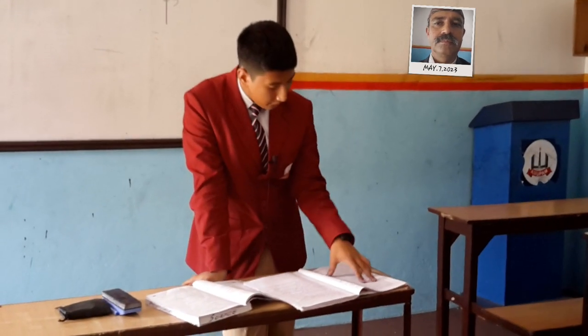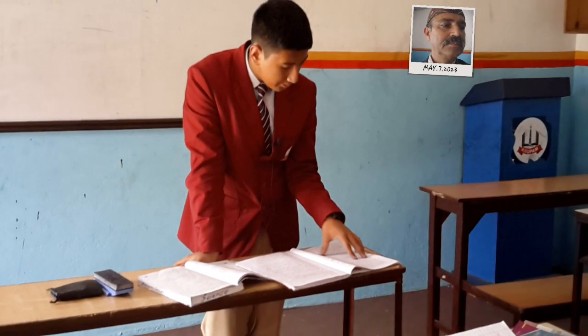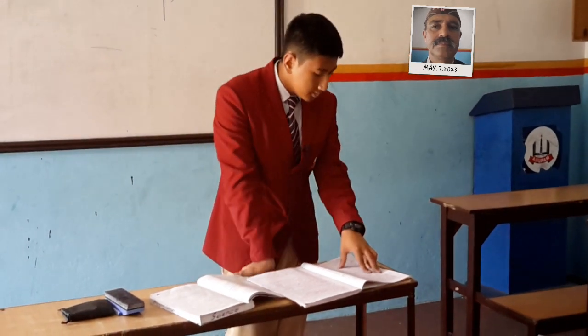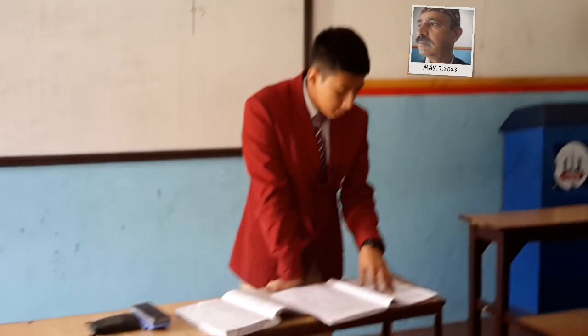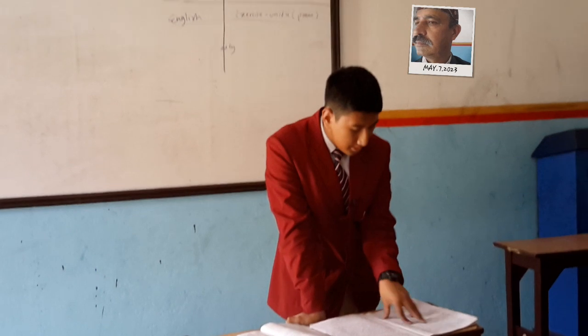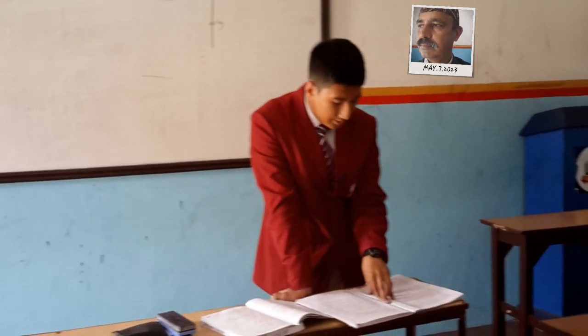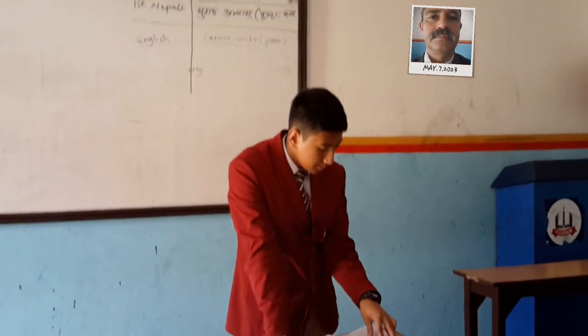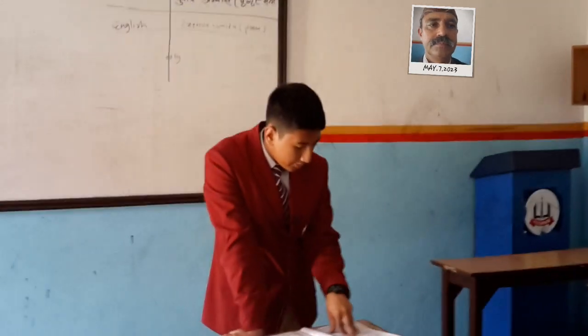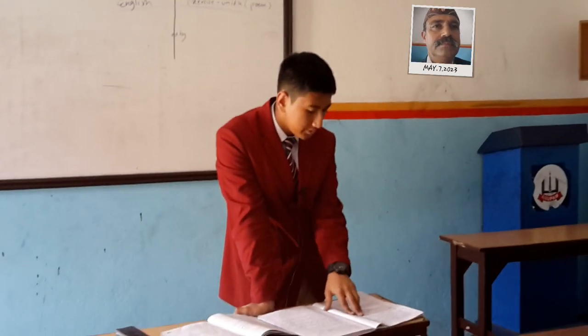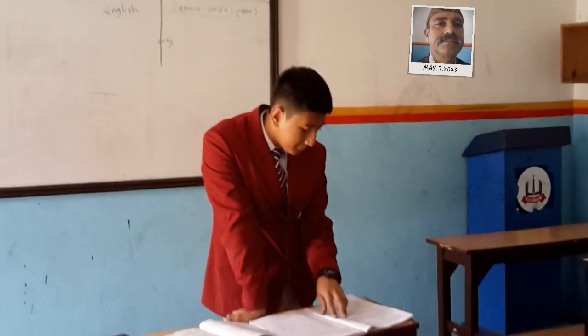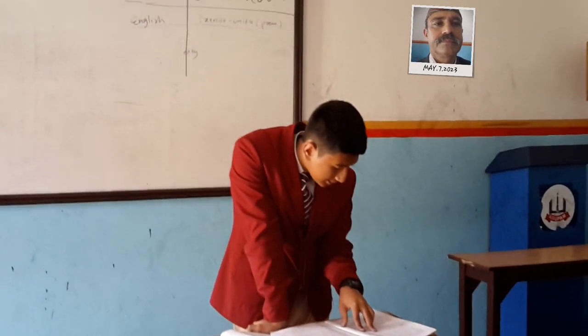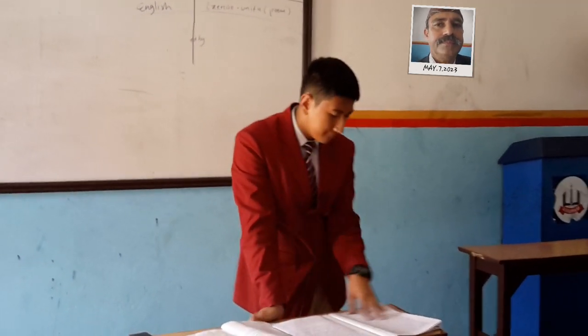Number B. Fundamental unit and derived unit. Fundamental unit is the unit of a fundamental quantity. Derived unit is the unit of a derived quantity. Fundamental unit, there are only 7 fundamental units. Derived unit is formed in many types using 7 fundamental units.